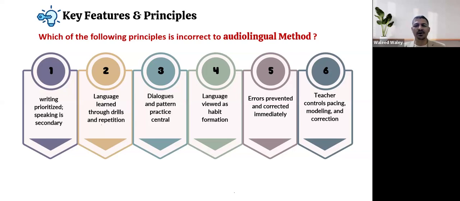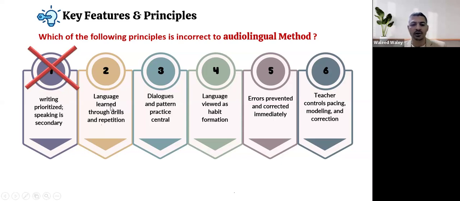Okay, so these are the principles of the audio-lingual method, and as you said, the first one is incorrect. Writing prioritized and speaking secondary is not correct. Speaking is prioritized and writing and reading were neglected.